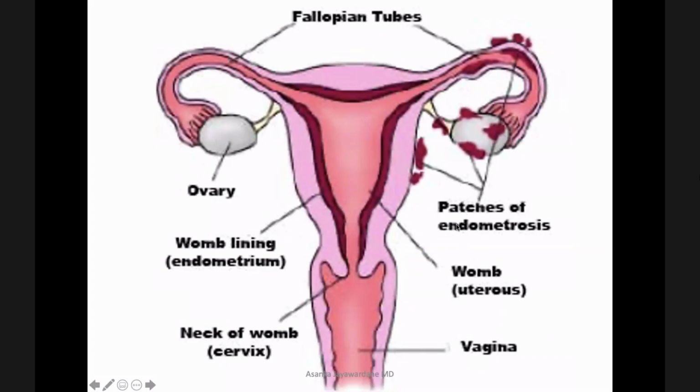So commonest sites for endometriosis include the pouch of Douglas, anteriorly the vesicouterine pouch, the peritoneum of the pelvis, fallopian tubes, ovaries, the ligaments, and suspensory ligament of the uterus, and sometimes as patches in various parts of the abdomen.